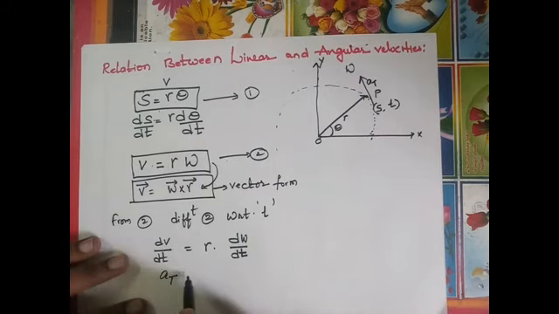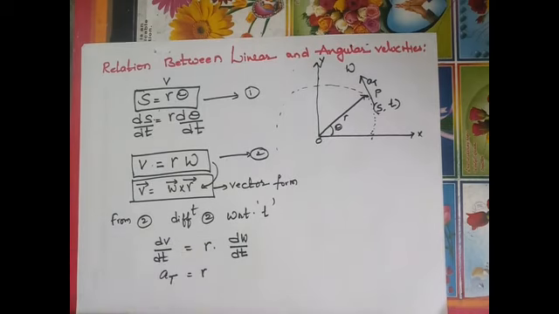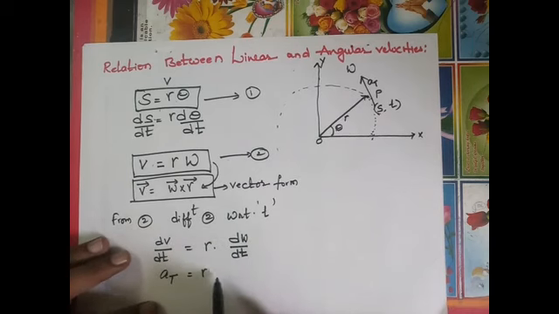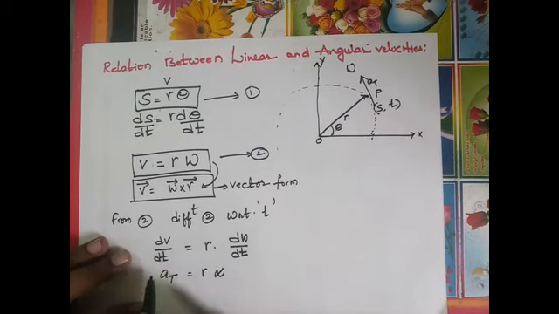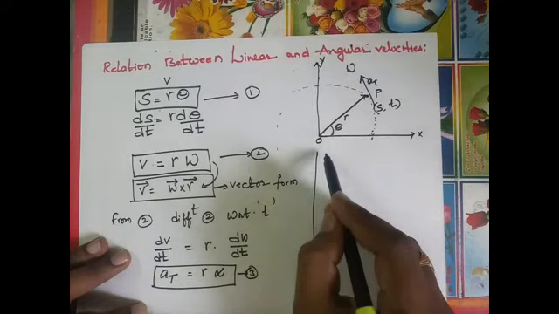So AT equal to r, which remains the same, times d omega by dt, the instantaneous angular acceleration, represented by alpha. Assume this is equation number 3.